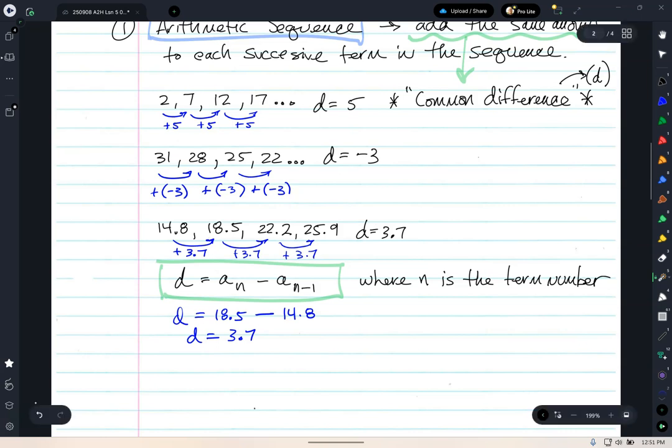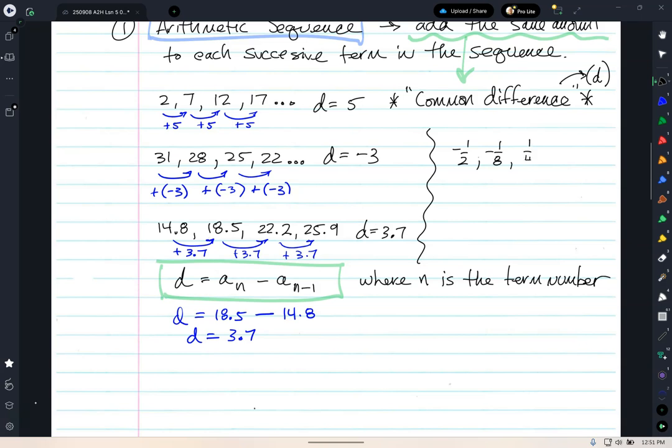But what if I gave you this one right here? Arithmetic sequence or not? If it is, find the common difference.